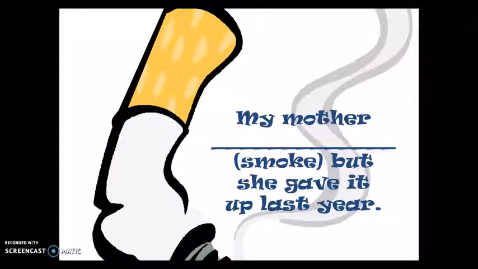Okay, my mother smoked, this is the verb, but she gave it up last year. Gave up, this is another grammatical point. Gave up means to leave something or quit something, stop doing something.